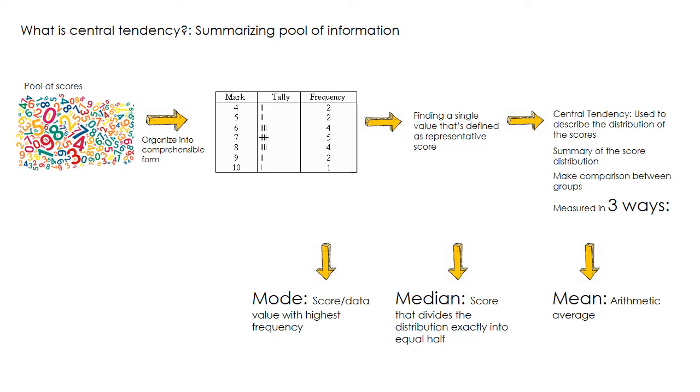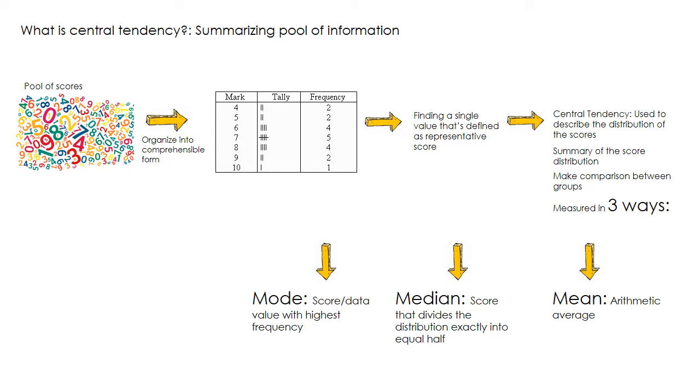So we cannot just stop at understanding the data by just having a frequency. If you have a long list of variables, a long list of data, you cannot just have a frequency to describe every score.